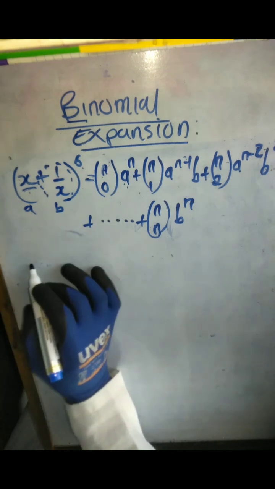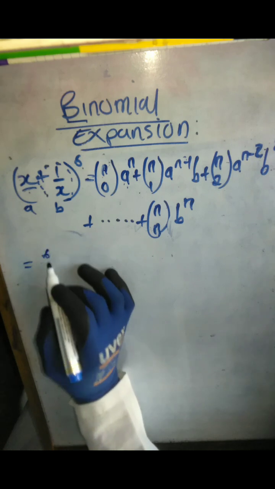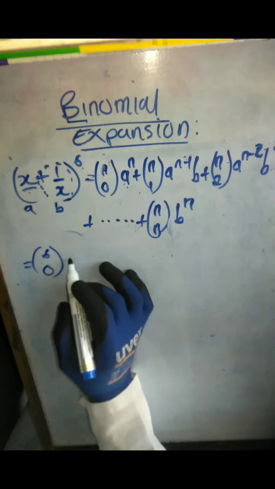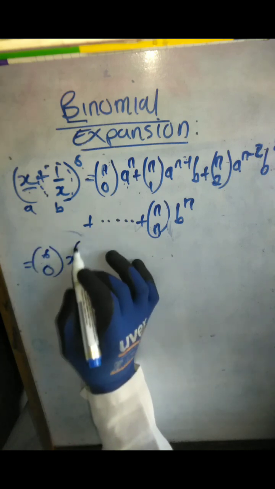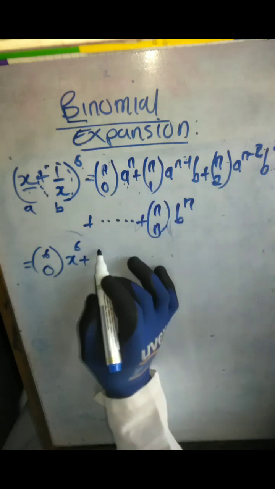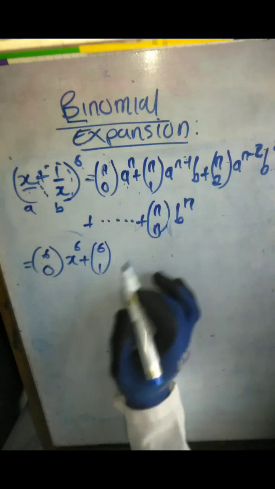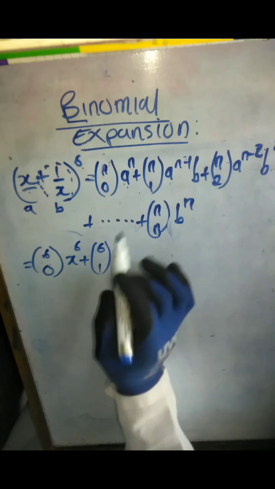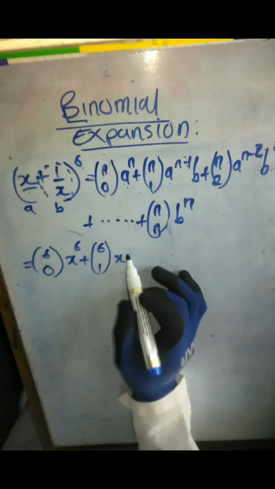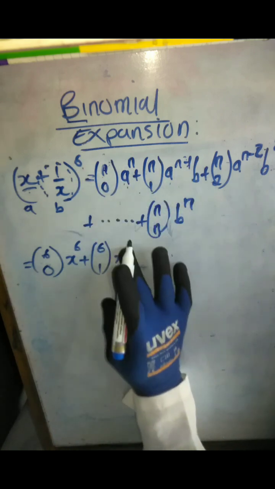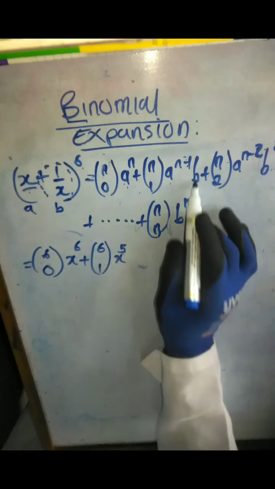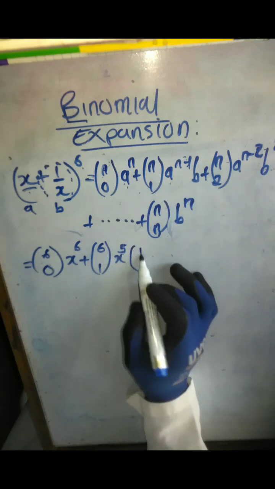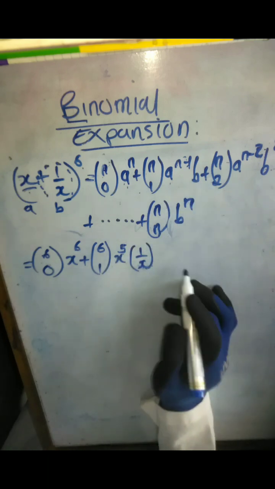okay, so this equals 6 combined 0, then we have x to the power 6, plus n combined 1, 6 combined 1, then our a is x, then n minus 1, which is 6 minus 1, is the power 5. So x will be raised to the power 5, then multiplied by b. Our b is 1 over x.